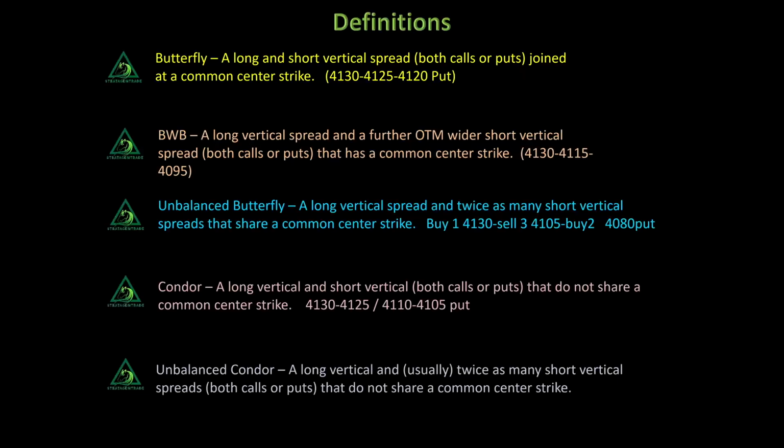And then an unbalanced condor, we'll do buy one contract of the 4130, 4125 put, and sell two contracts of the 4095, 4090 put.